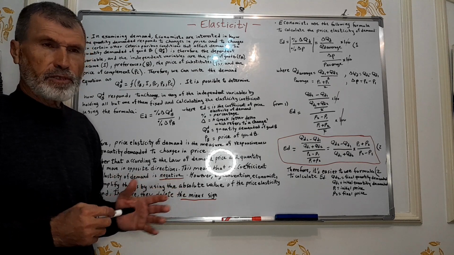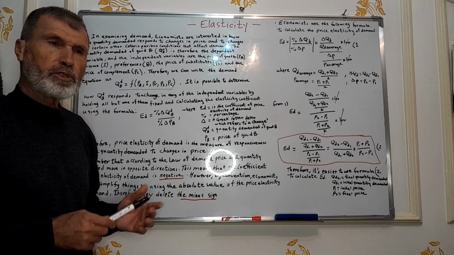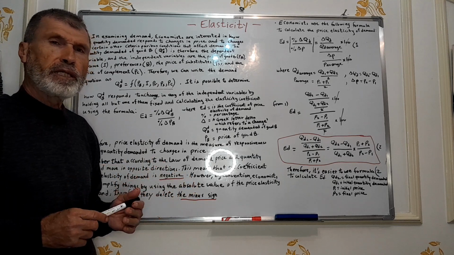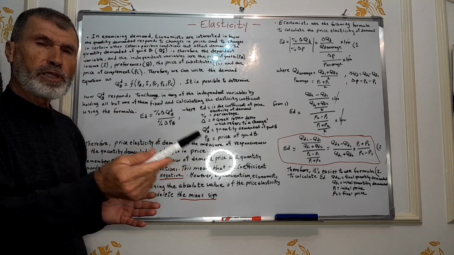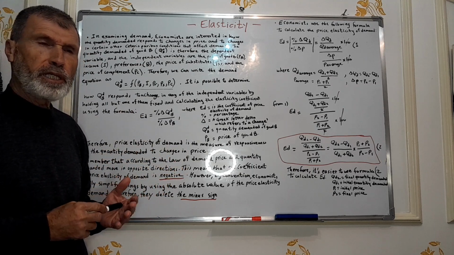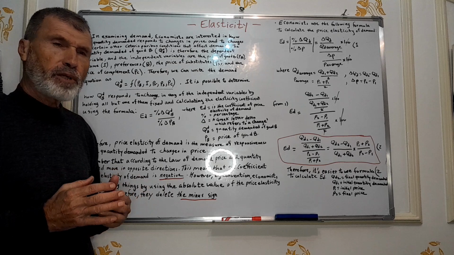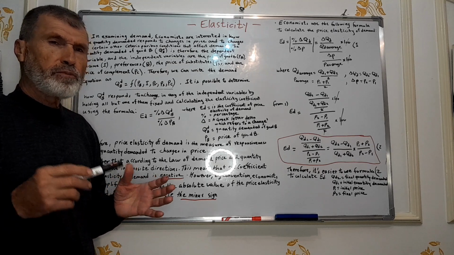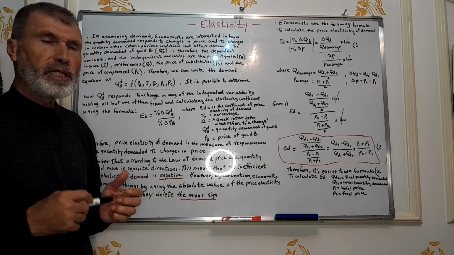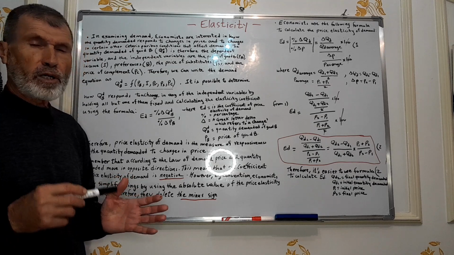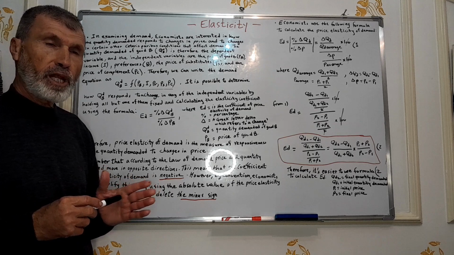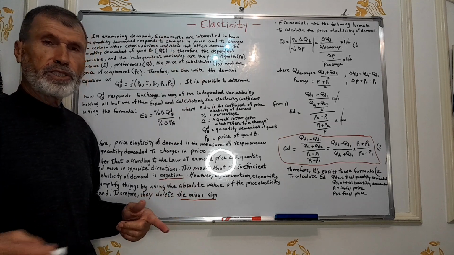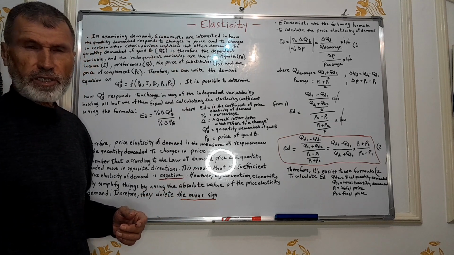So that's the difference between a slope between A and B and a price elasticity of demand between point A and point B. As far as the price elasticity of demand, we're talking about percentage changes, and as far as the slope, we talk about change, which is the change of the variable along the vertical axis over the change of the variable along the horizontal axis.